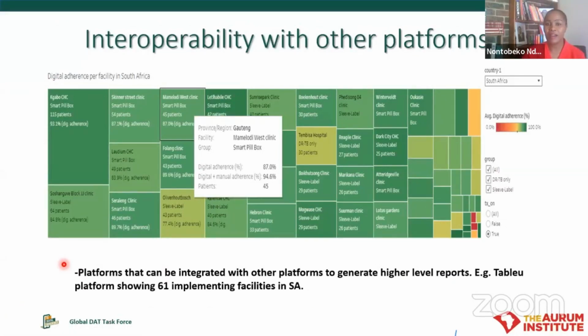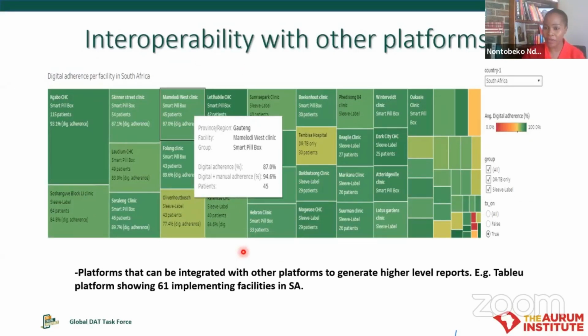And choosing also a platform that can integrate or be interoperable with other compatible platforms helped us to even be able to produce data that can be looked at by higher level staff who are not based at that facility, but are responsible for the entire district.